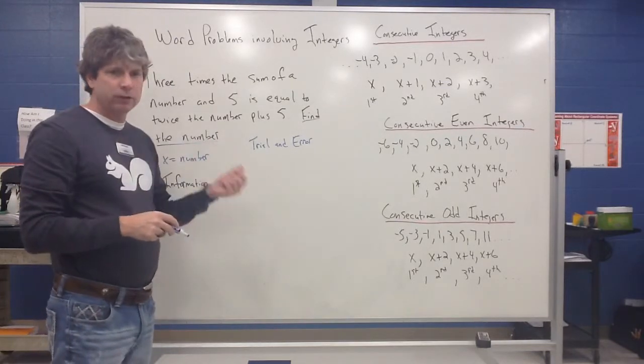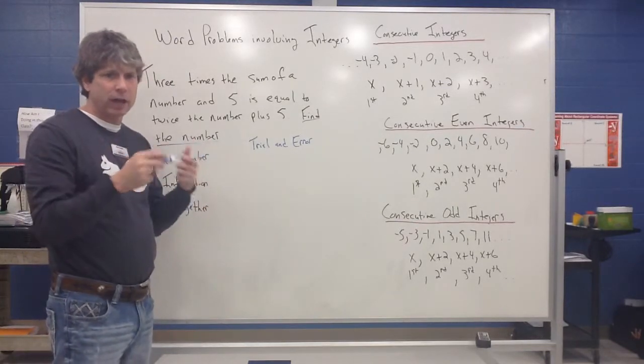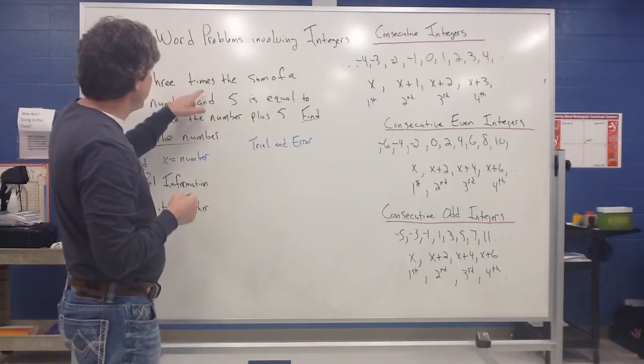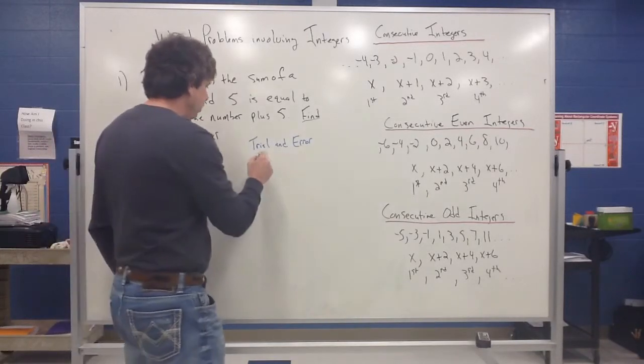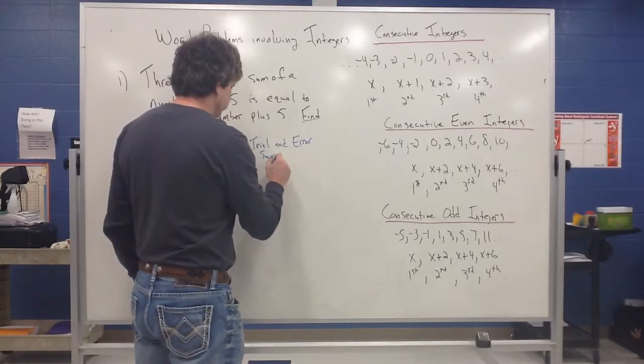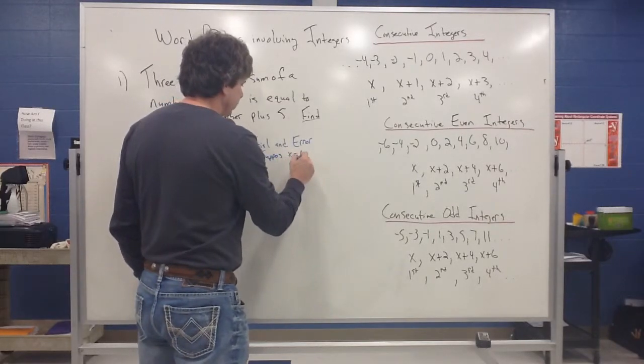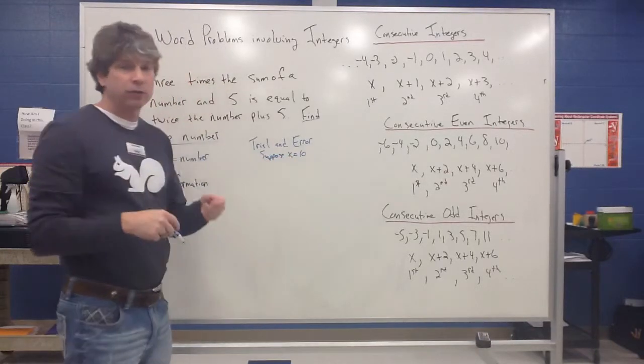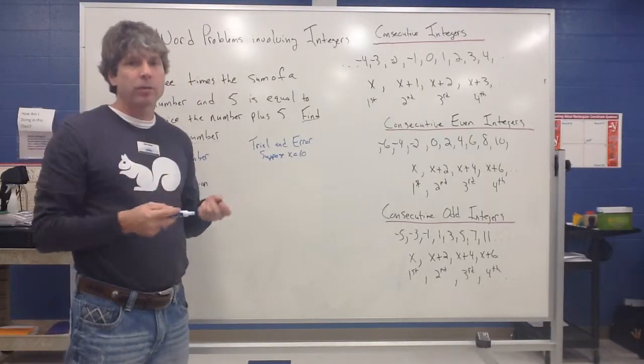So like I said, 2s and 5s, things that I can play with pretty easily without a whole lot of thinking. So 3 times the number. Well, let's just suppose x is equal to 10. Now, I don't know if that's the right number, but I'm just going to start with a number that I can kind of play with.